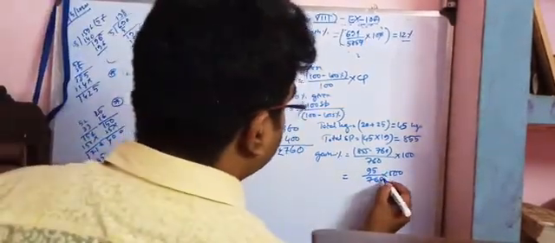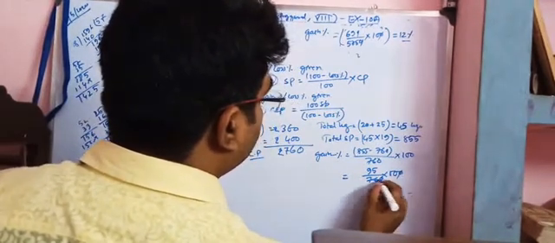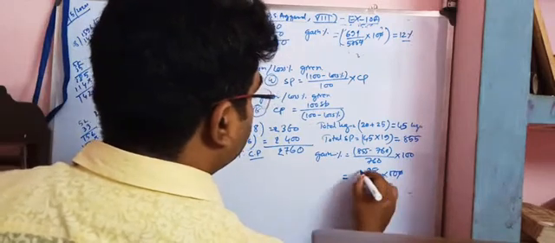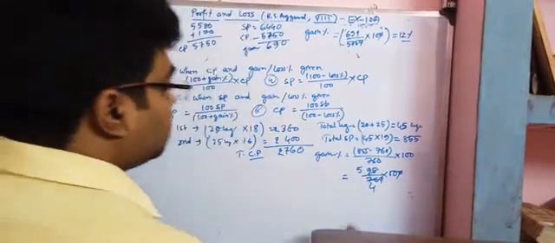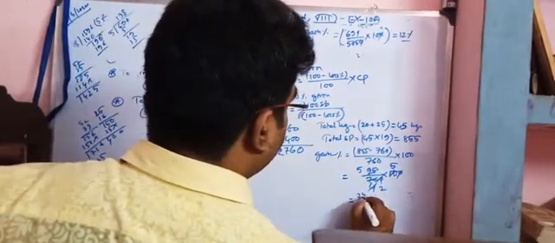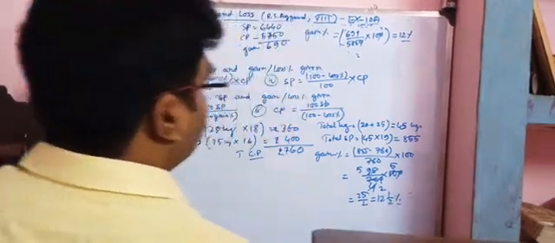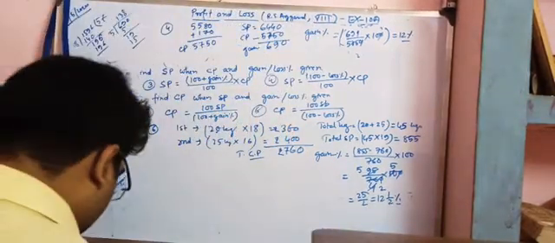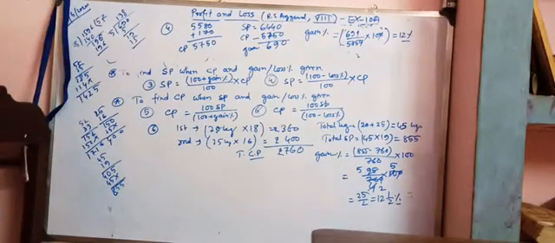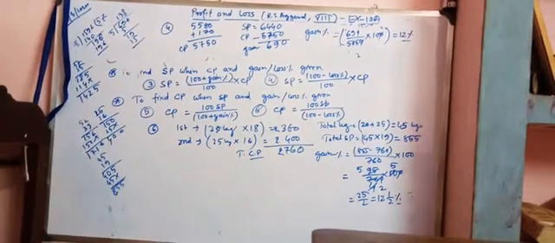We will calculate that, 9 by 19, 19 fours, 19 fives. So 25 by 2% means 12 whole 1 by 2% is my gain percent. Okay, 12 whole 1 by 2%. So hope you have understood.